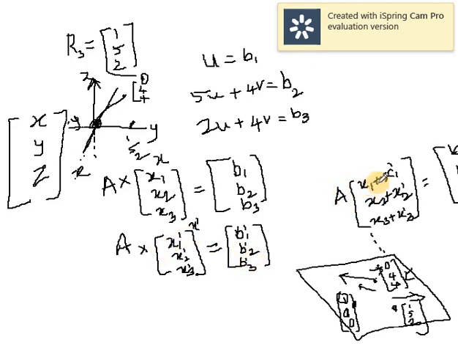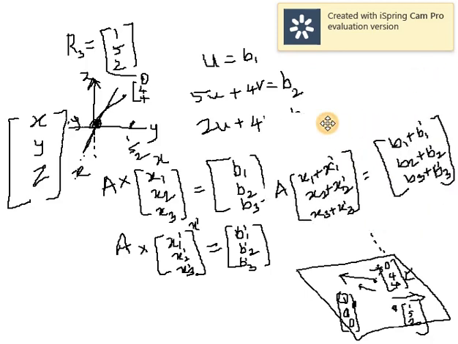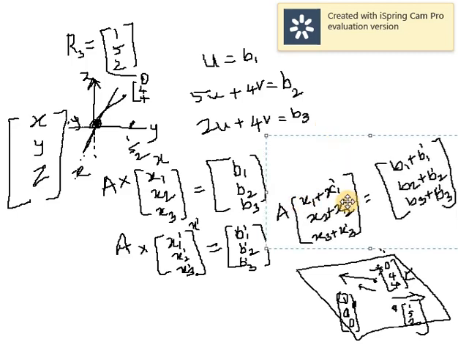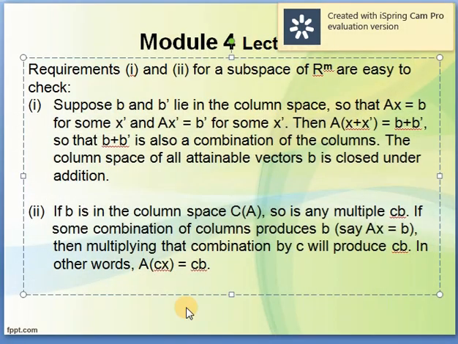So this gives A of x1 plus x1 dash, x2 plus x2 dash, x3 plus x3 dash, equal to b1 plus b1 dash. Certainly these all will be lying on that plane. x1 is some value, x1 dash is some value, and the addition of them has to lie on that plane itself. So it satisfies the first property.